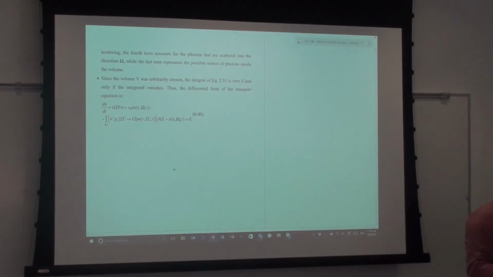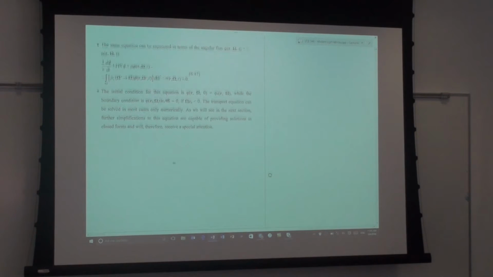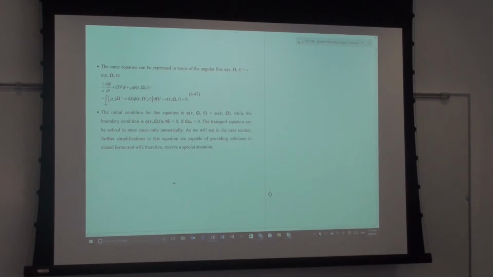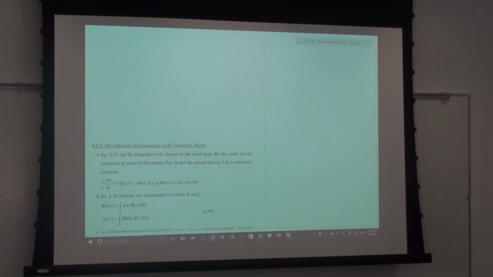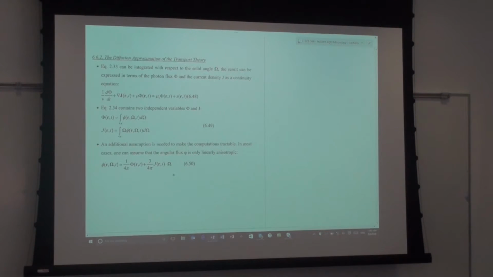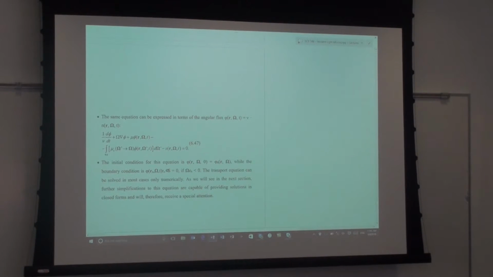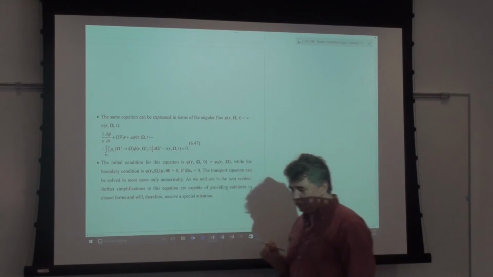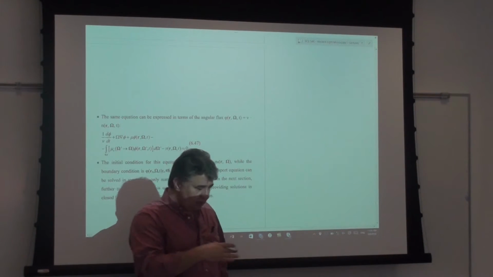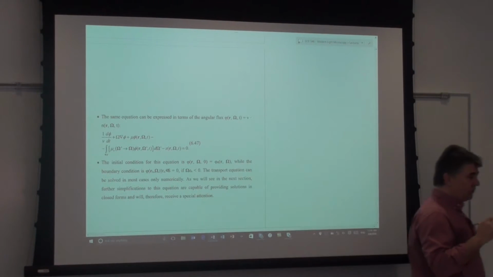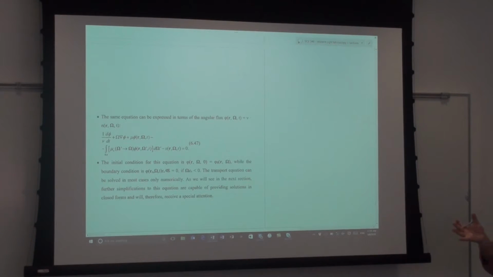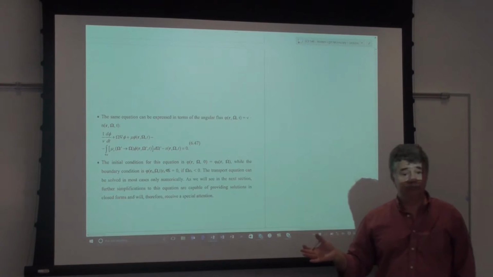And the most practical way to do it is to actually do one extra approximation. And that is the diffusion approximation. So we're going to assume that the angular distribution of light inside the medium is actually very smooth.